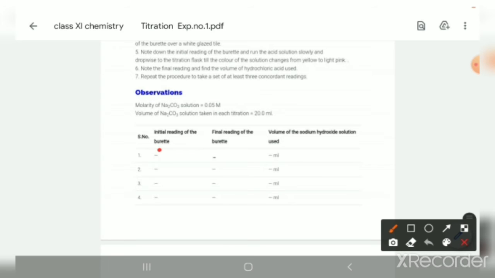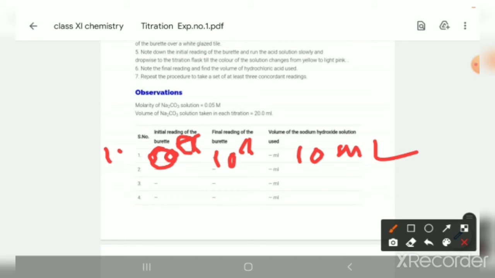Suppose your initial burette reading is 0 cc, and the final reading is 10 cc. The HCl volume will be 10 ml, this is the first reading.